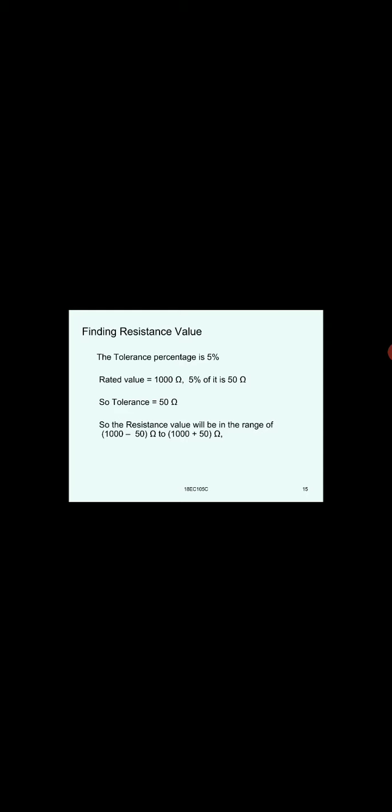So the minimum value of the resistance would be 950 ohms and the higher value will be 1050 ohms. So the given resistor is rated for 1 kilo ohm and with the given tolerance it can vary between 950 ohms and 1050 ohms.